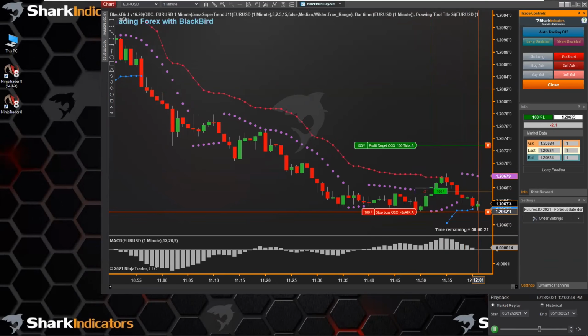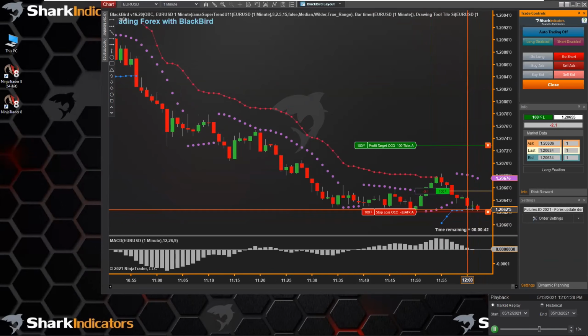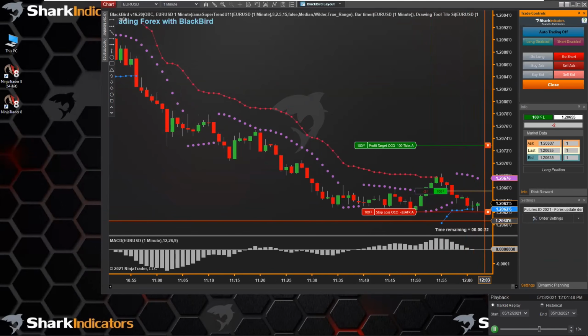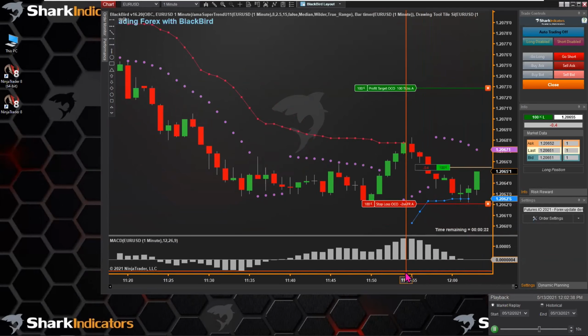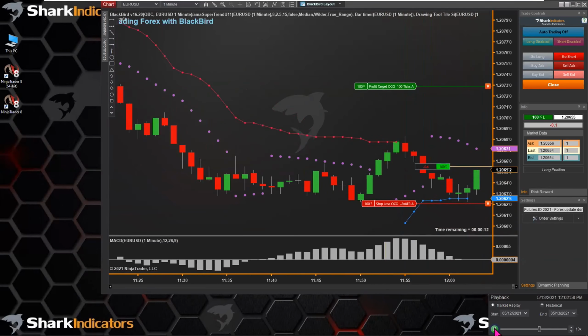But there we go. We can actually just barely see that wick punched through down below the super trend. And I just got by literally by a few ticks. So that's what I was trying to demo, and I just barely made it happen there.